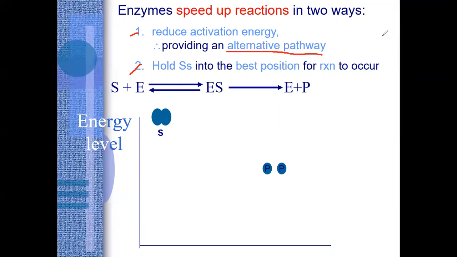Okay, so let's say, for example, we have a reaction whereby A plus B forms C. So A must react with B to form C. Let's say the shape of A is like this. And the shape of B is like this.